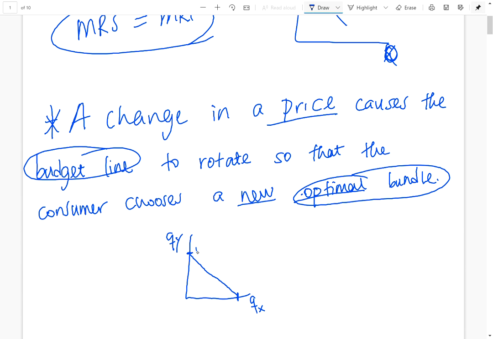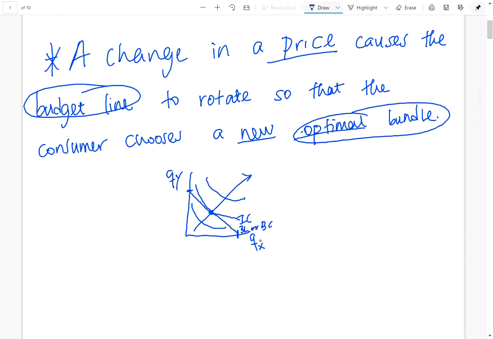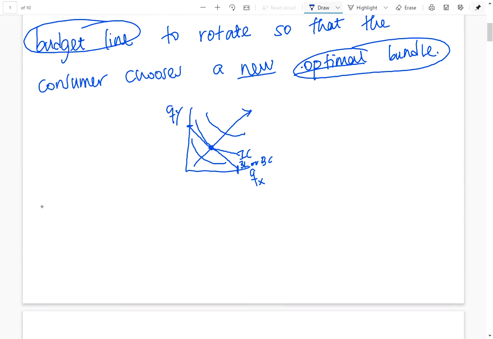And we have the indifference curve that just touches our budget line, or budget constraint, is the optimal bundle, because it's the indifference curve that gives the consumer as much happiness as possible that they can actually afford.